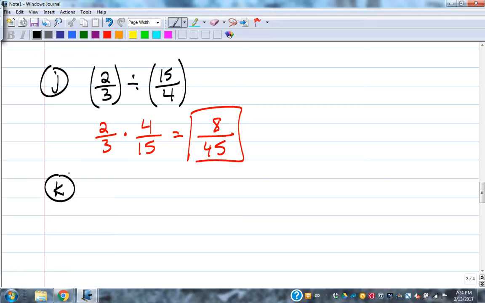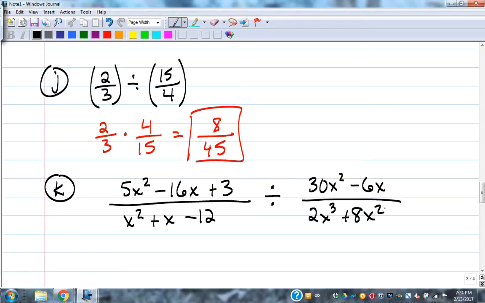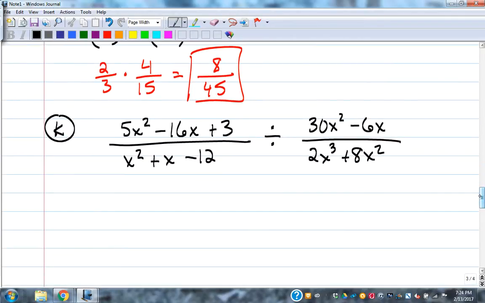When we're dealing with the material we're in, we might have 5x squared minus 16x plus 3 over x squared plus x minus 12 divided by 30x squared minus 6x over 2x to the third plus 8x squared. You're still going to factor everything the same way you did with multiplying.